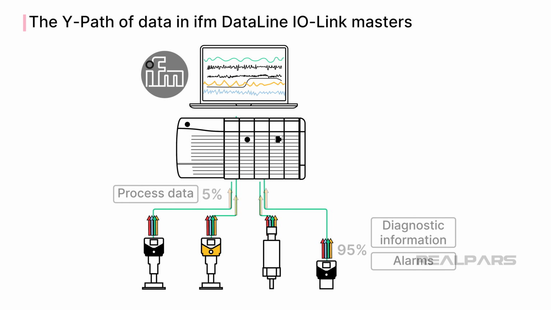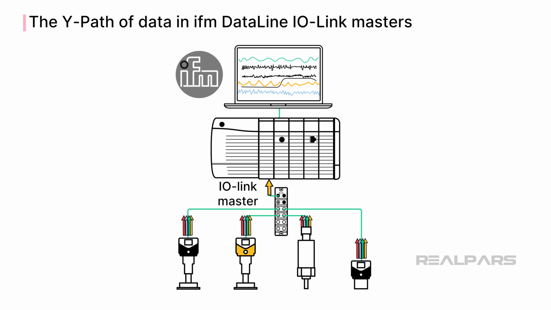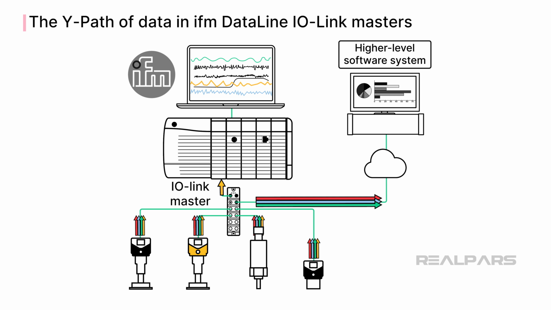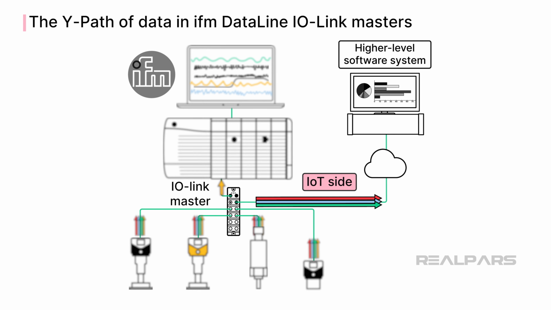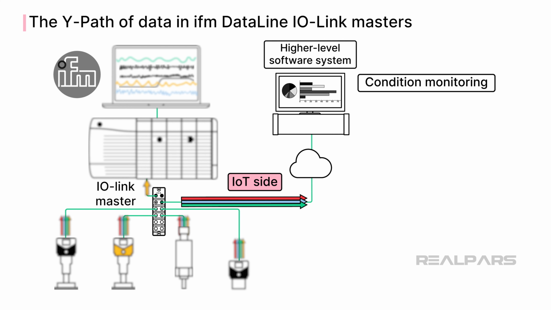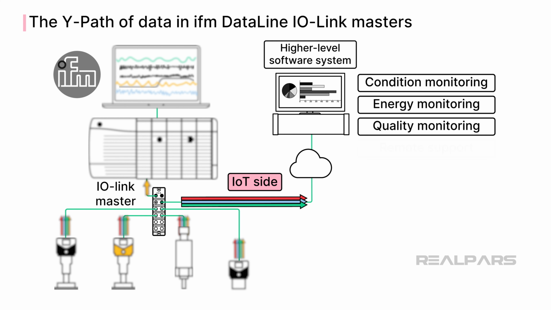With IFM DataLine IO-Link Masters, this additional information can be transmitted directly from the IO-Link Master to a higher-level software system without going through a PLC. By using the IoT side of the Y path, manufacturing companies can make full use of their sensor data for condition monitoring, energy monitoring, quality monitoring, and remote support services.